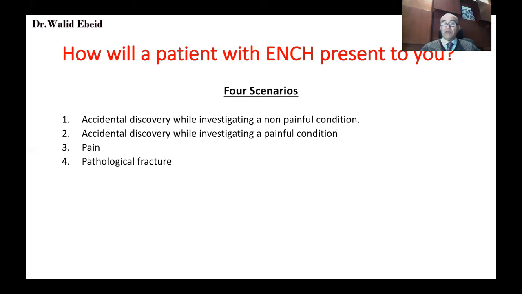A patient with osteoarthritis doing X-rays for her knees discovers that she has an enchondroma, or a patient with rotator cuff disease doing an X-ray or an MRI for his shoulder discovers that he has an enchondroma. The third scenario is that the patient comes complaining of pain due to this enchondroma, or the patient presents for the first time with a pathological fracture, and this is common in the enchondromas of the hand. So these are the four scenarios that the patient could present with.